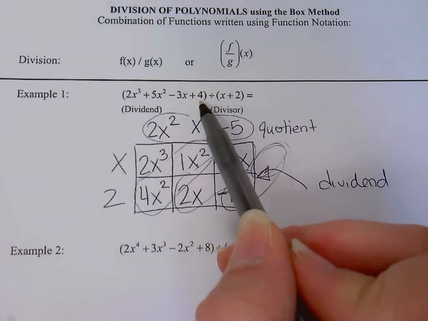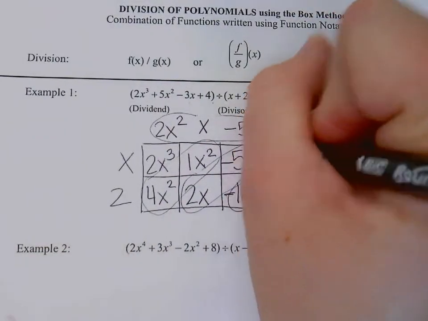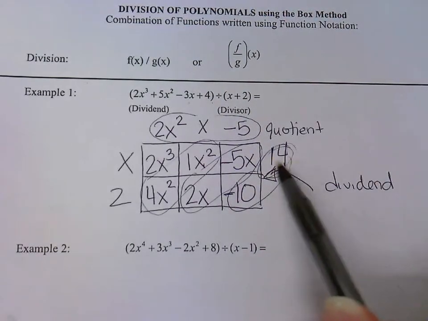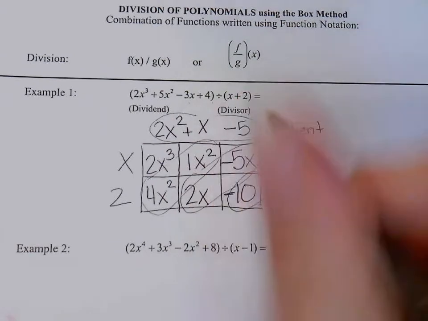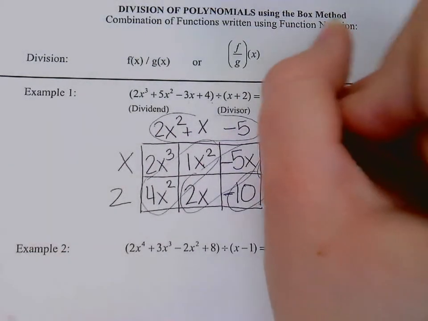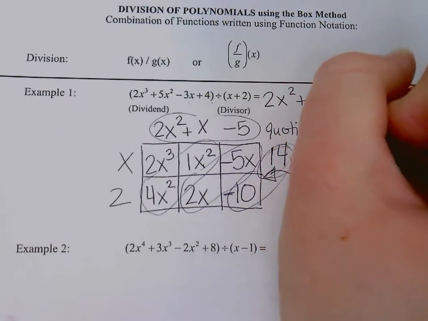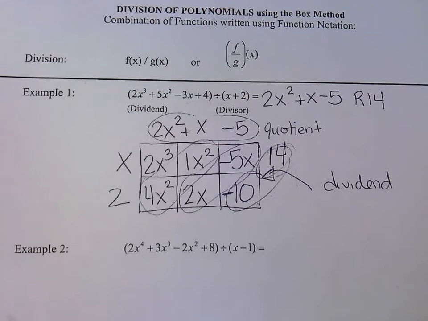So I need to get positive 4 in the end. So positive 14 is actually going to be the remainder of this problem. So the quotient is 2x squared plus x minus 5. So it's 2x squared plus x minus 5 with a remainder of 14 is your final answer.